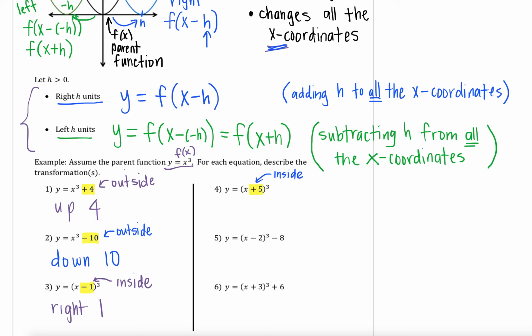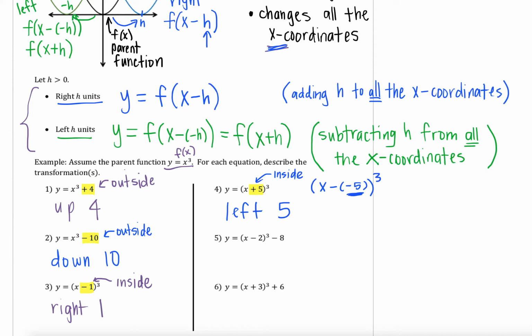So that tells me that I have a horizontal translation. So I'm either going to the right or to the left. In this case, since I have x plus 5, I could actually rewrite that as x minus a negative 5, the entire thing cubed. And from here, I can see that the number that got subbed in is actually a negative 5 value, which tells me that we are going to the left 5.